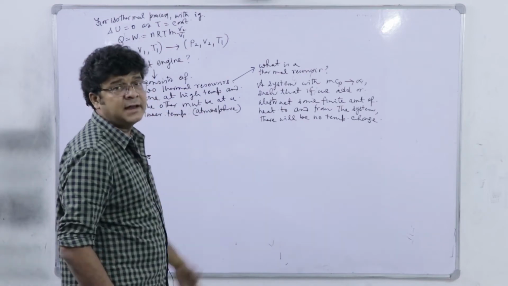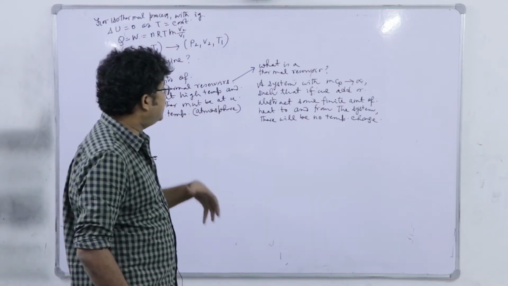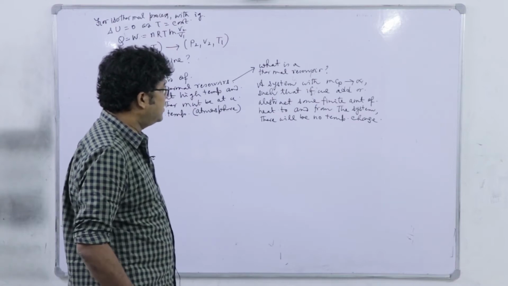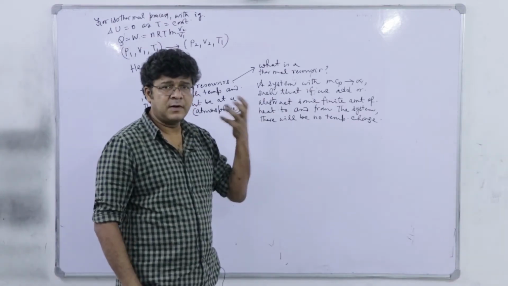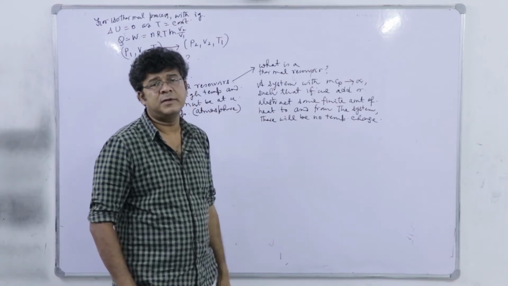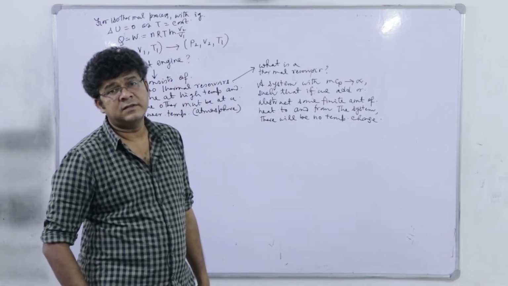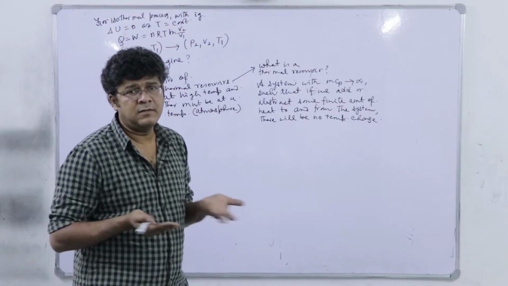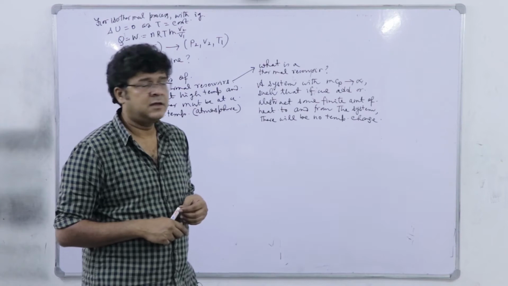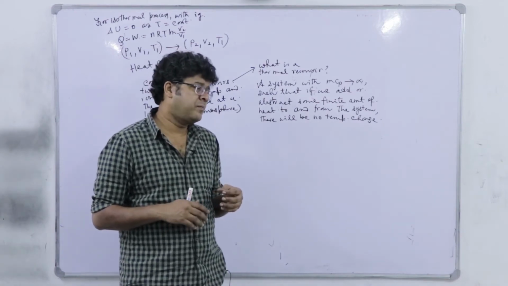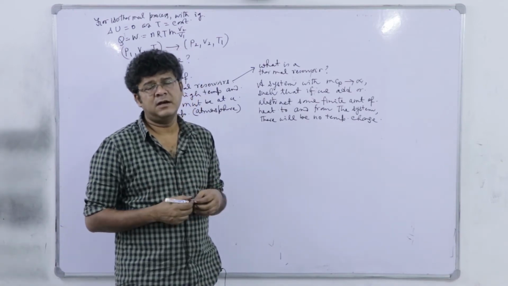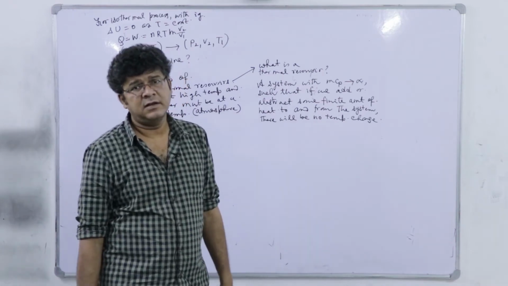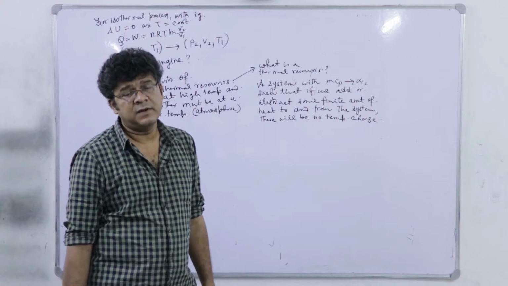But how can a high temperature reservoir be a thermal reservoir? Classically a thermal reservoir is where abstraction of heat does not change temperature, but from the high temperature reservoir we are taking up heat, so how is it having a constant temperature? Because it must be of finite mass. So, in practical examples, we are adding the same amount of heat that we are abstracting, right, and that means we have to burn fuels.